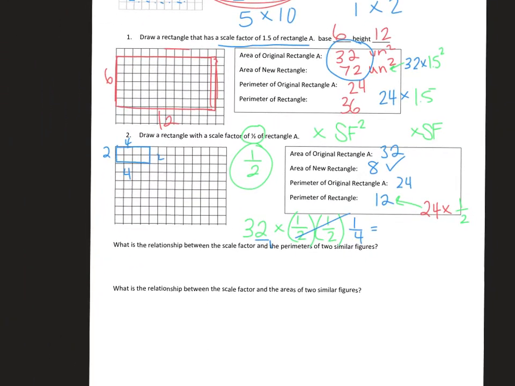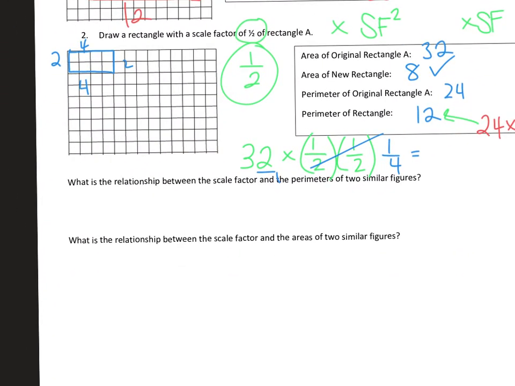If we can formalize this, what is the relationship between the scale factor and the perimeter? You take the original perimeter and multiply it by the scale factor to get the new perimeter. What's the relationship between the scale factor and the areas?